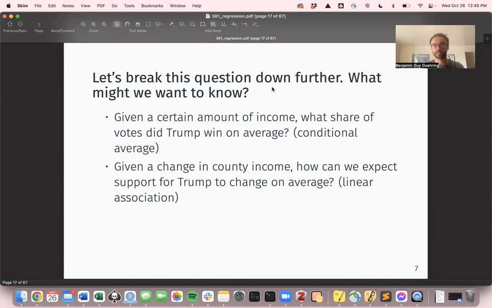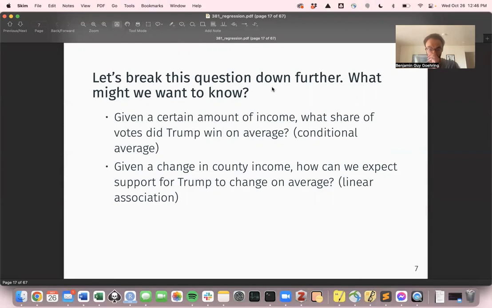So average support conditional on income. And then we're also interested in how that conditional average changes. As income increases or decreases, how can we expect on average support for Trump to increase or decrease alongside those changes in income?